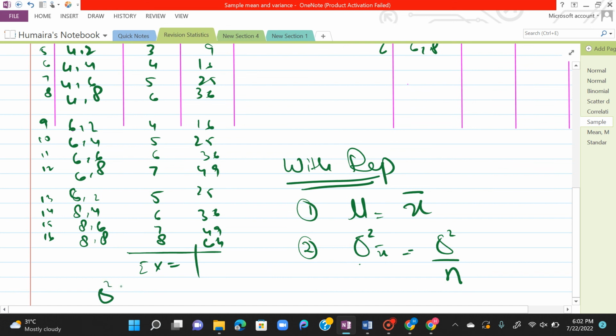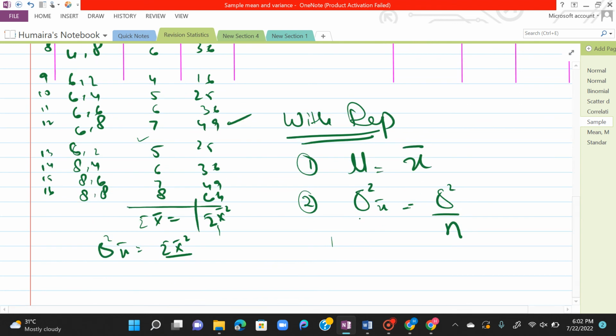The sample variance can be found by using these two columns which you have made over here: the column of the mean x bar, and then summation x bar square. So I will use summation x bar square upon 16 in this case, because if I write a small n you might be confused.